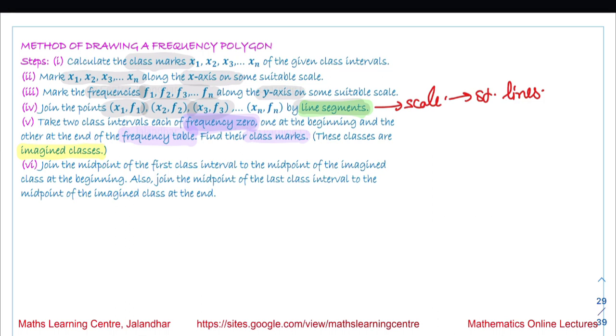Now join the midpoint of the first class interval to the midpoint of the imaginary class, and the midpoint of the last class interval to the midpoint of the imaginary class at the end. We have to join these points. So we will see how we use this procedure with an example.